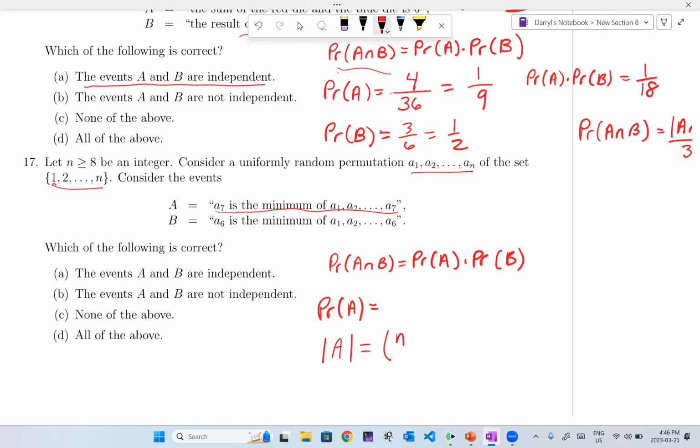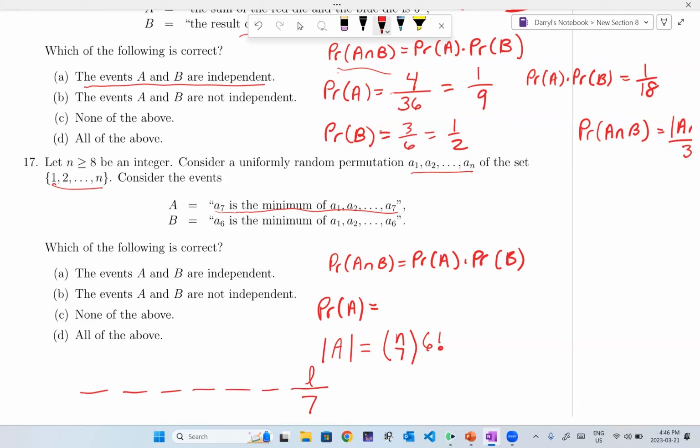So it's n choose 7. I choose 7 numbers, and then I put the lowest one in location 7. Right. So I need 7 numbers to know that out of those 7, there is definitely the lowest. There's one way to do that, and then there's 6 factorial ways to arrange the other 6. Let's take a look at what I'm doing exactly. This is number 7.